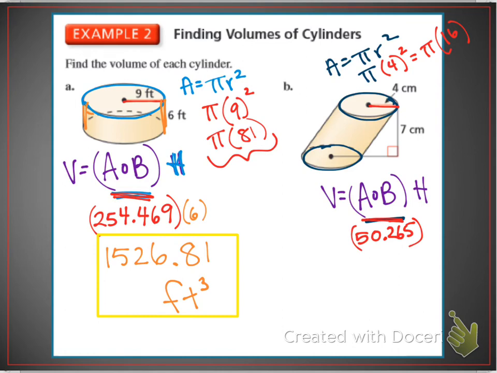And then the height, if you see off to the side, it's showing you a right angle. Think about when you go to the doctor's office and they make you stand straight up to measure your height. This is just saying from the ground to the top of the cylinder is 7 centimeters. So that is your height. It's representing your height.